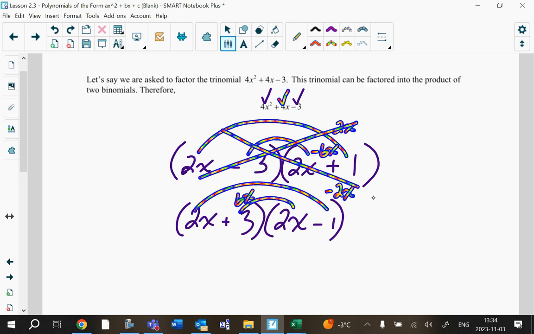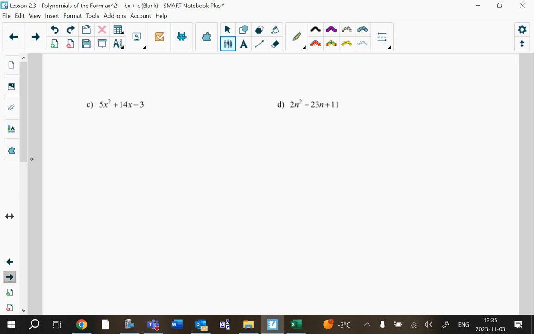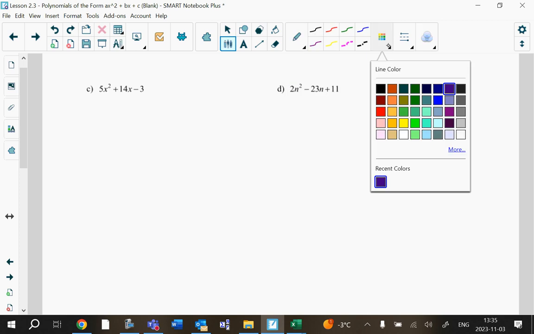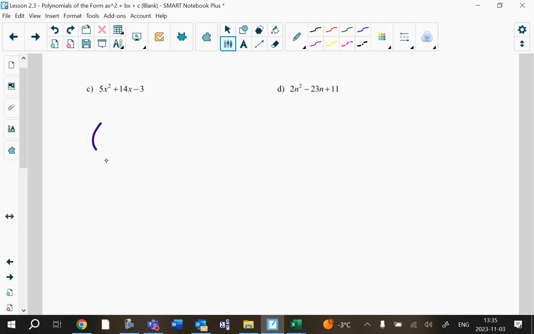All right, all I want to do is practice with a few more. Let's do C together, and then I want you to try D on your own. So, two binomials, first terms. What must the first term of each be? It has to multiply to get 5x squared.